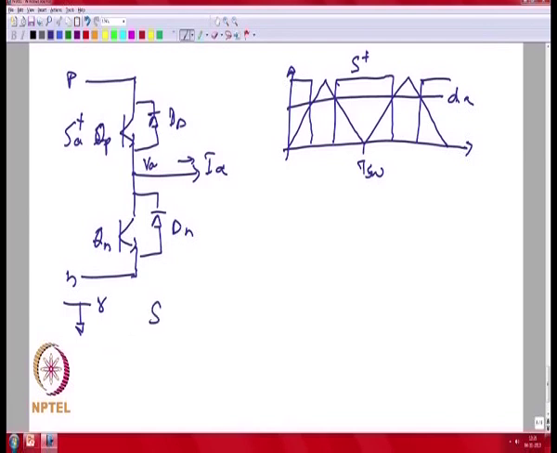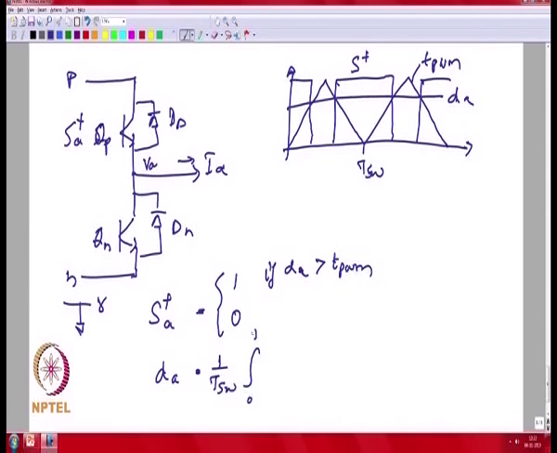So we have S plus A, our switching function of leg A, is 1 if dA is greater than the triangle of your PWM, and 0 otherwise. We also know how to relate the duty cycle: dA is 1 by TSW integral 0 to TSW of S plus A dt, and the switching of the bottom switch SA minus is 1 minus SA plus.